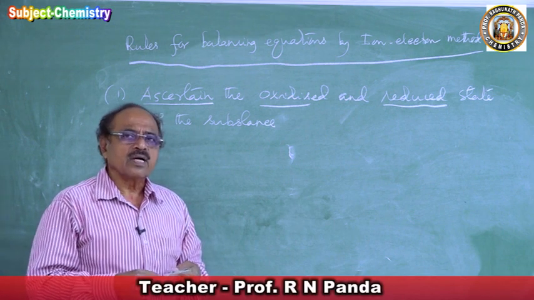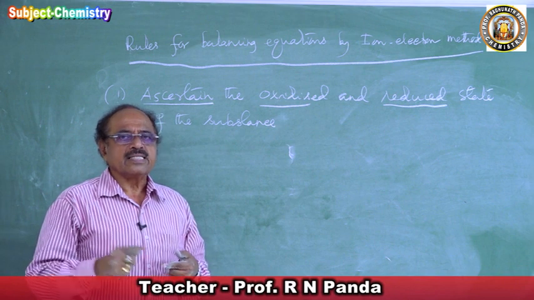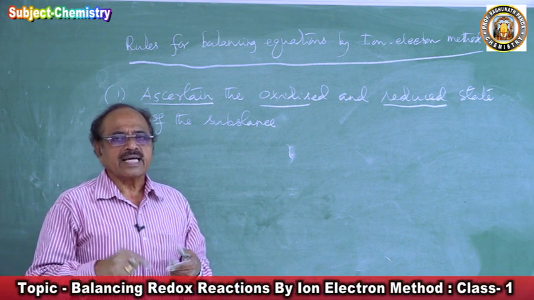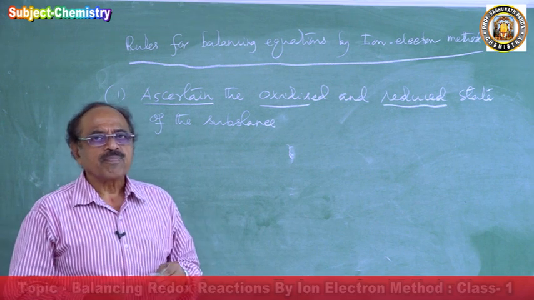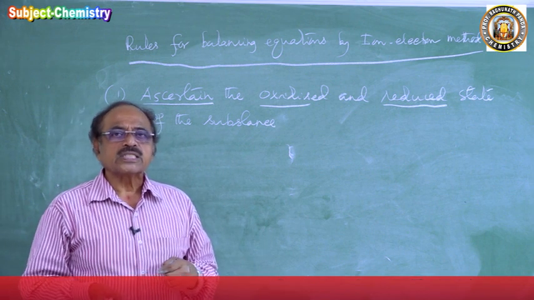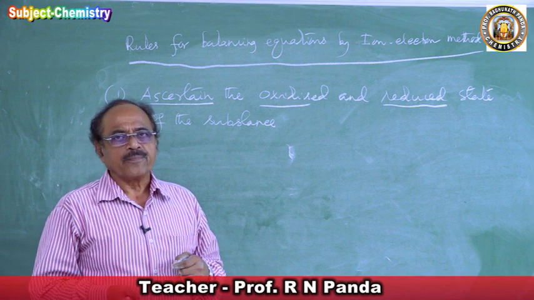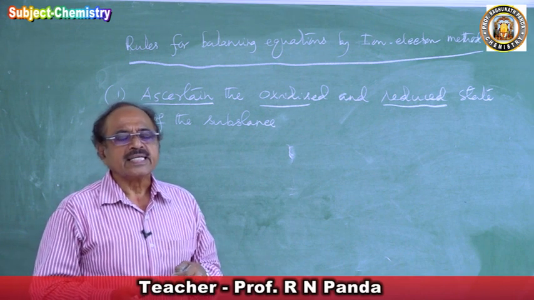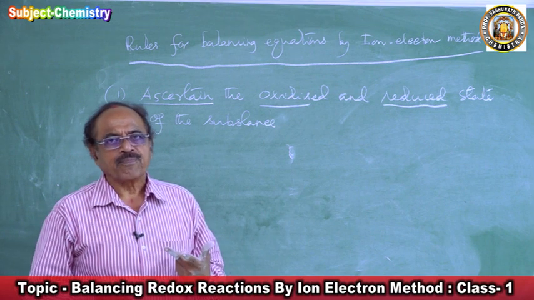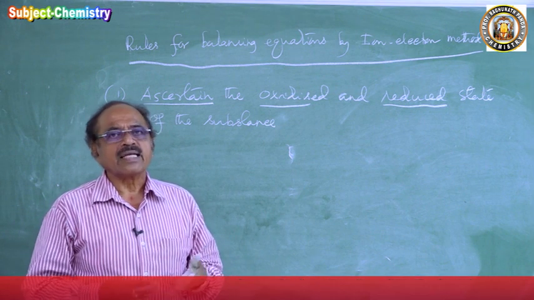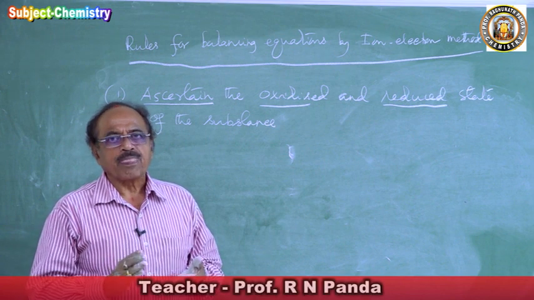The ferric is undergoing reduction and stannous is undergoing oxidation. So we will see in the reaction that the one whose oxidation number is changing is undergoing oxidation or reduction. So we have to find them out and represent them.